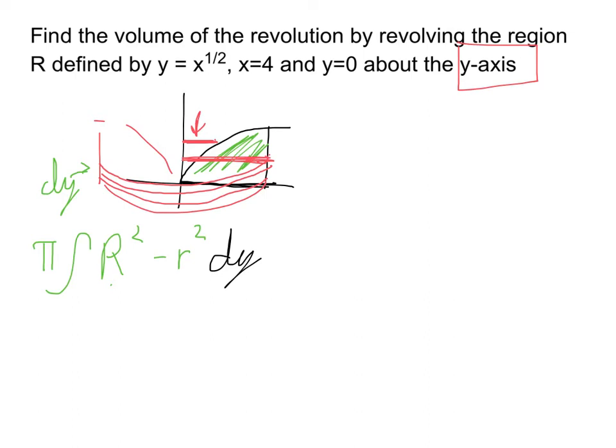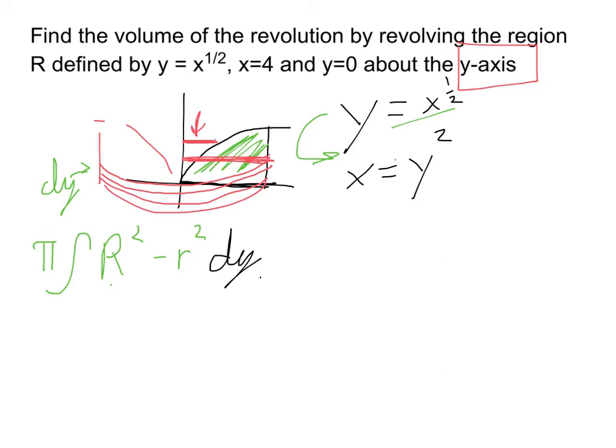We can't integrate the square root of x with respect to y. We need to integrate a function of y with respect to y. So let's change that. Instead of y equals x to the 1/2, we're going to say x equals y squared. Do whatever simple algebra you rock at to change the equation from something in terms of x to something in terms of y.